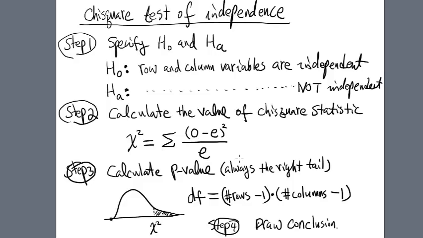So it's a simple formula. And step 4, draw a conclusion. If the p-value is less than or equal to 0.05, then we reject the null hypothesis at level 0.05.